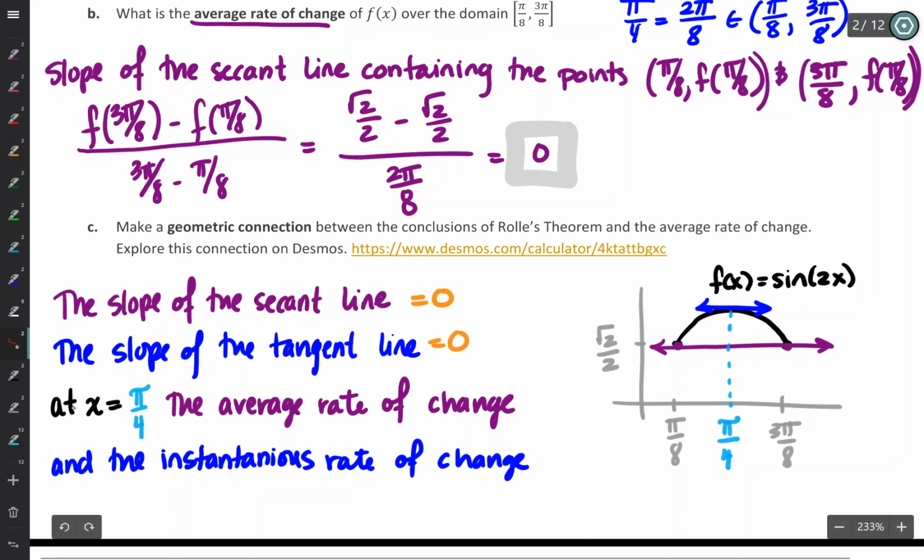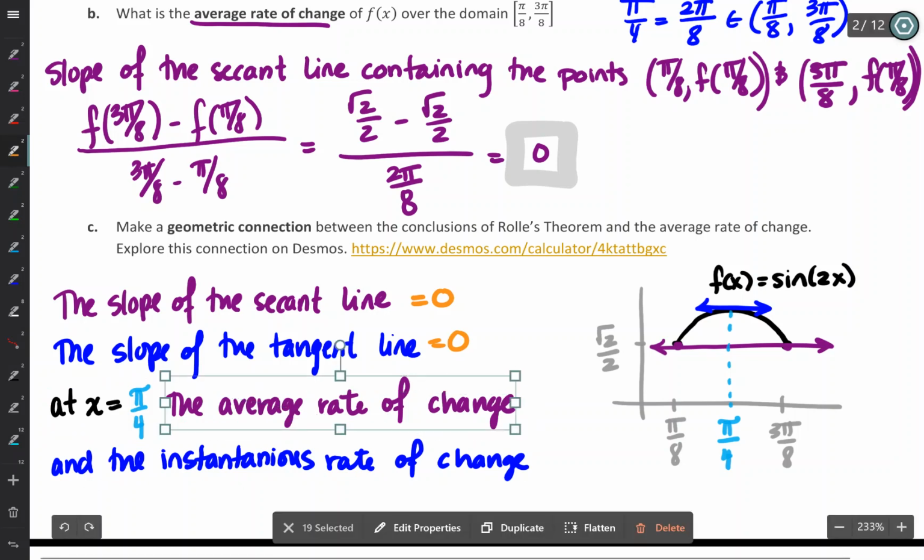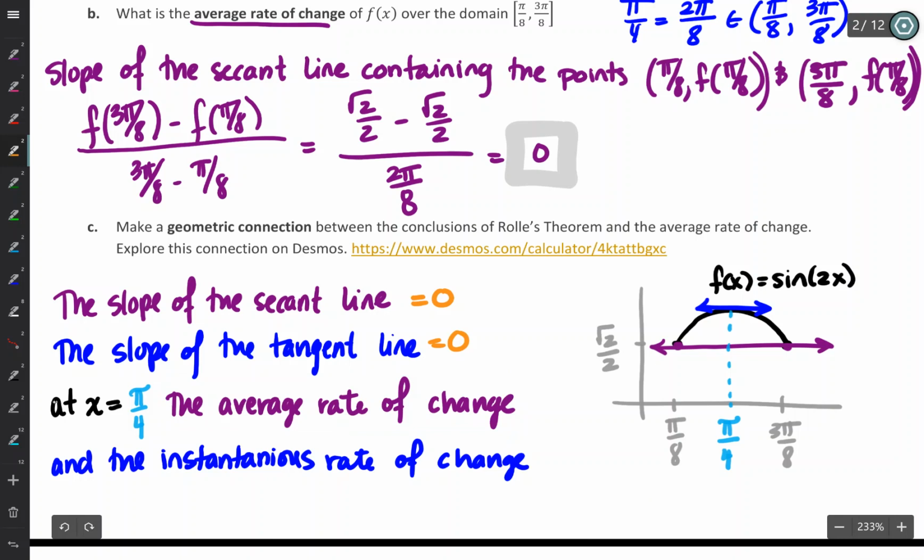Oh, I don't like the way I used the word at here. Okay, I'm going to back it up a little bit, make it grammatically make more sense. The reason why I don't want to say at is because this average rate of change occurs over an entire interval, not at a particular place.